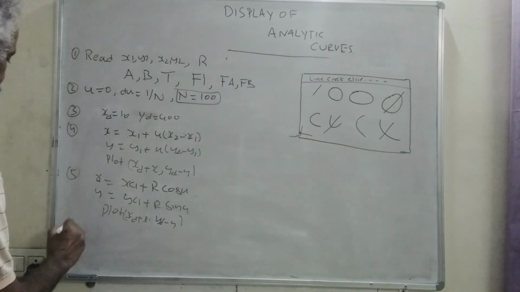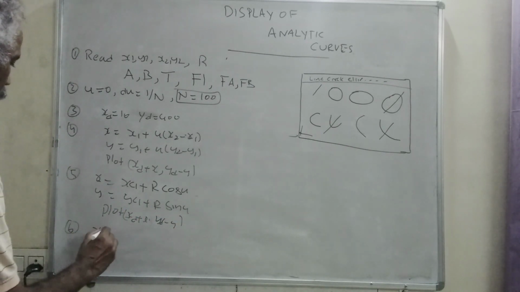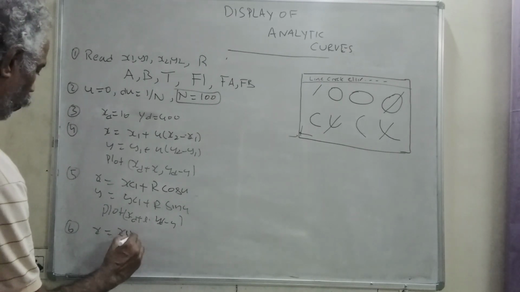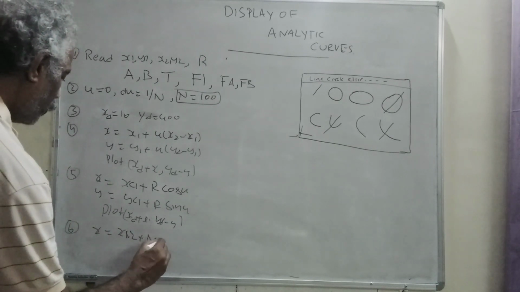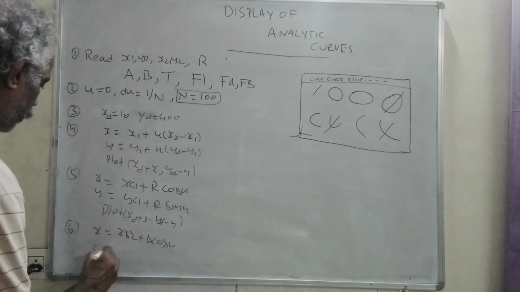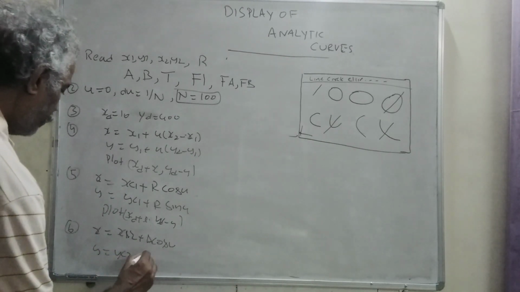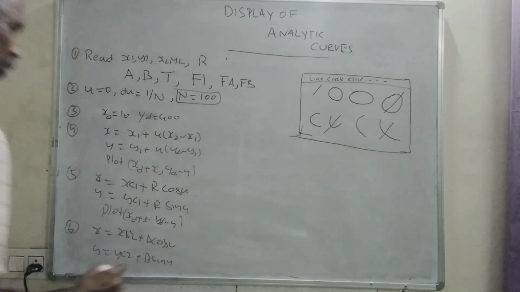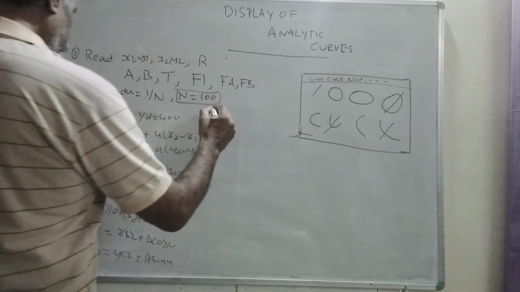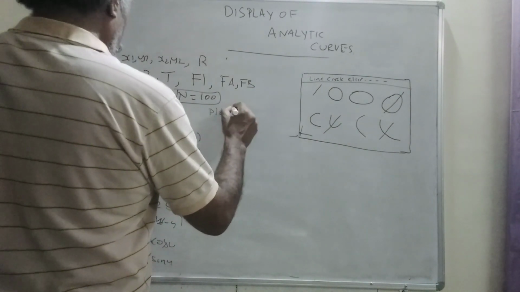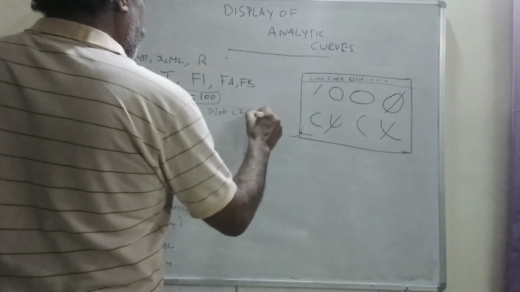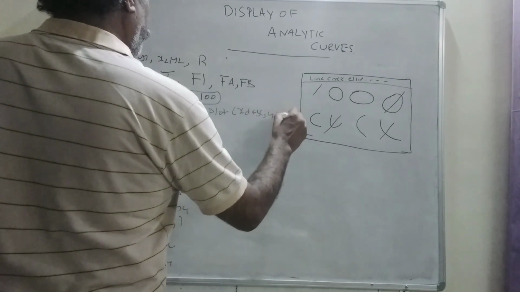And sixth, x is equal to xc2 plus a cos u, y is equal to yc2 plus b sin u. And here plot xd plus x, yd minus y.